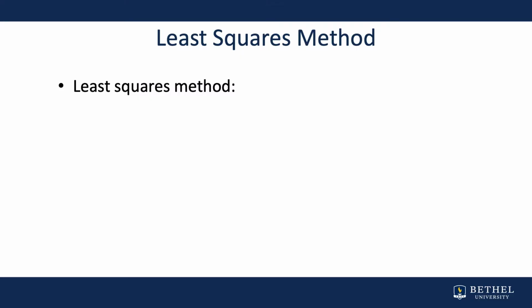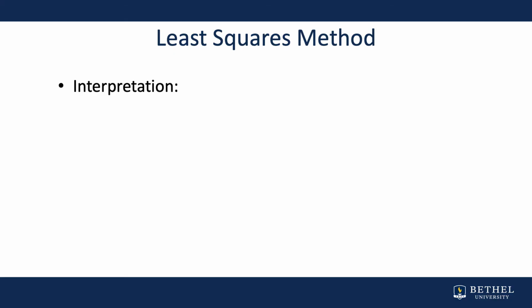Now, when you're doing a regression analysis, one of the things that you want to be aware of is a process called the least squares method. We use the least squares method to help determine the estimates for the intercept and the slope. And here's the interpretation of them.